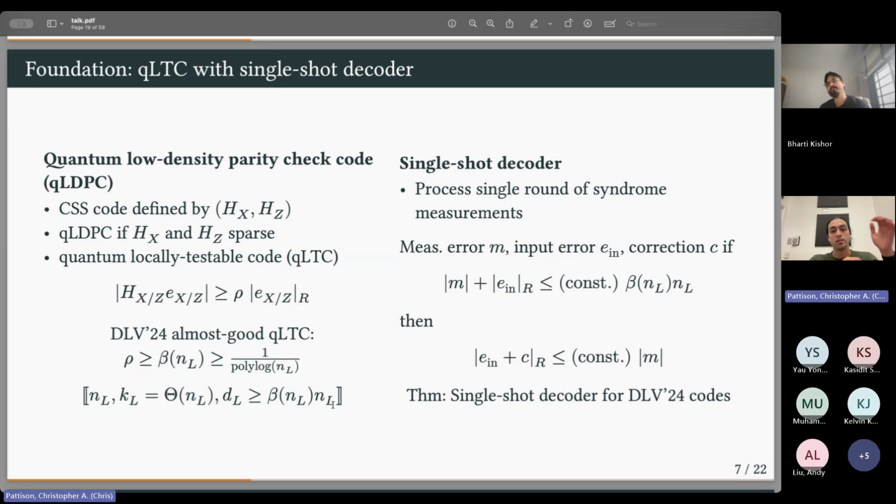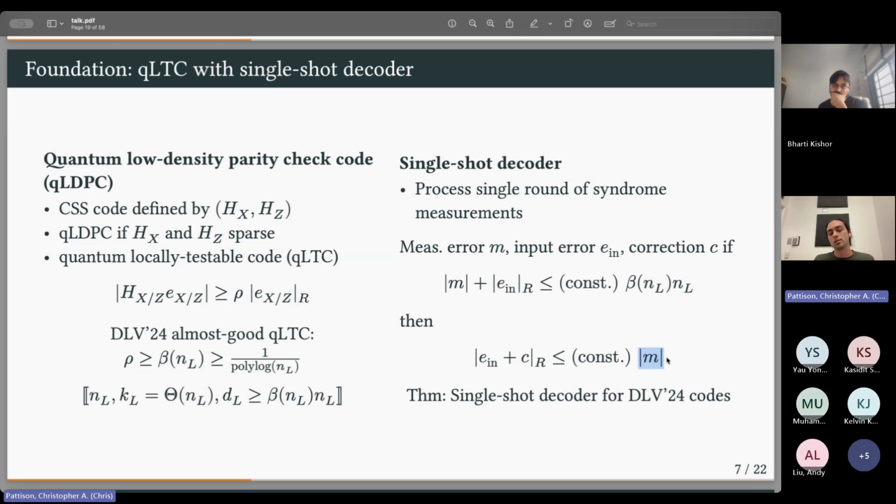Okay, so we constructed this what's known as a single shot decoder. Roughly, if you have some syndrome with some measurement error on top of it, as long as that's not too large, then your residual error after applying the correction output by the decoder is proportional to the number of measurement errors you have.